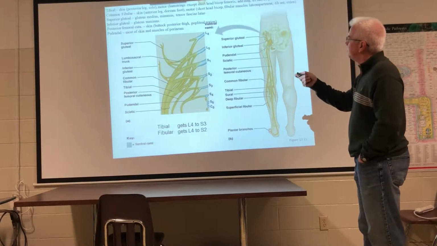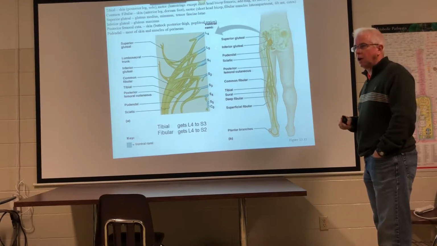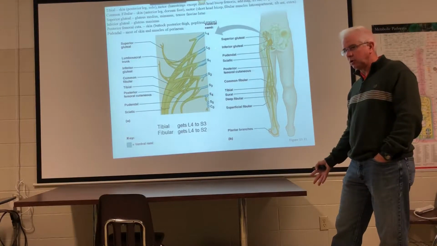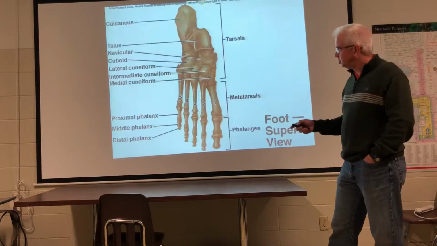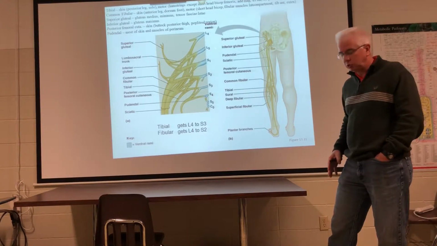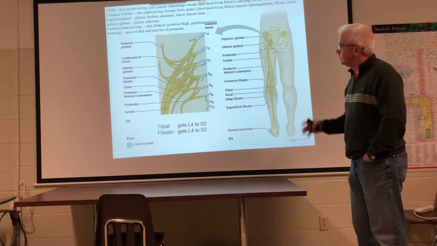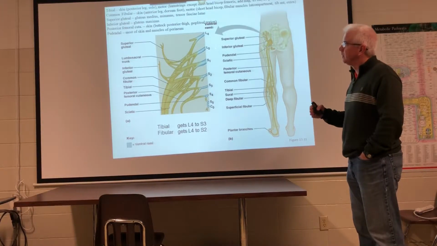If I think about the common fibular nerve, I'm going to think about the muscles on the anterior and lateral compartment. There's an image that I showed you with that thing shaded in over there, common fibular on this side of the leg. Tibialis anterior, extensors, the peroneus muscles, those are all fibular nerves.